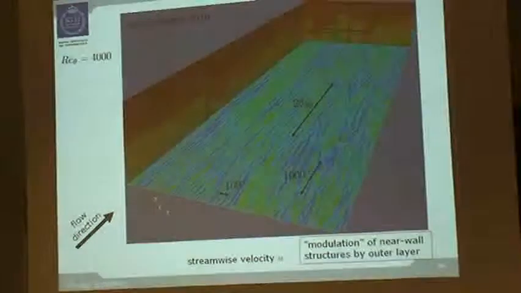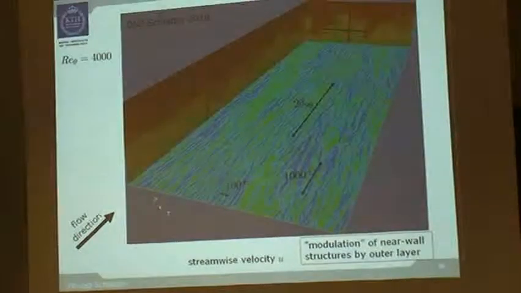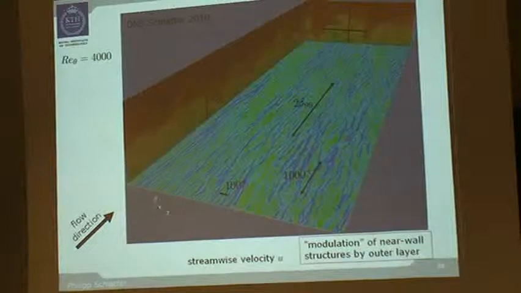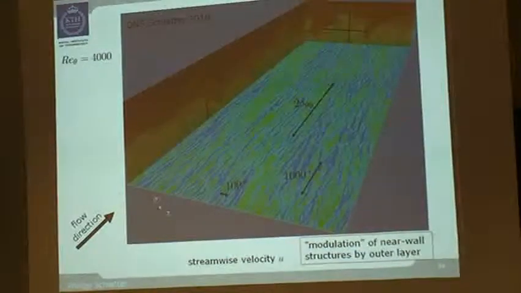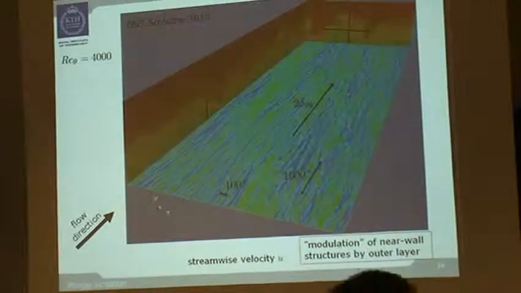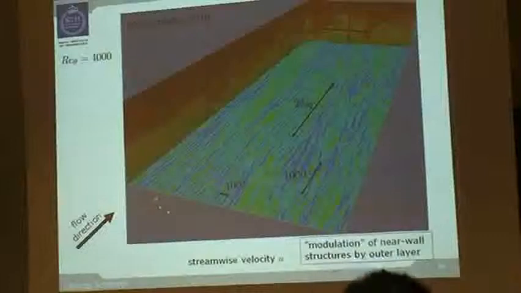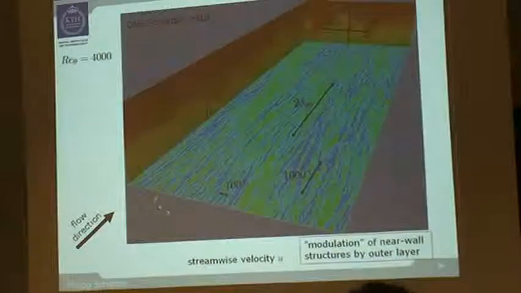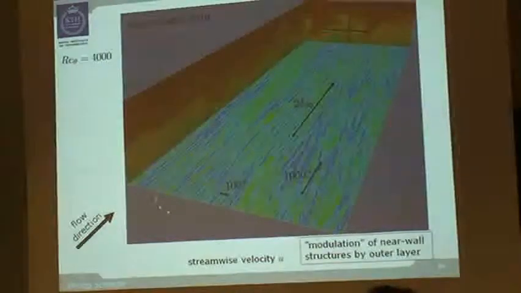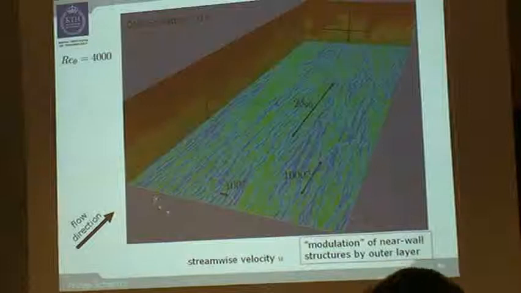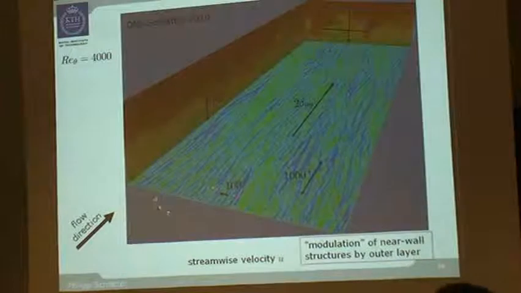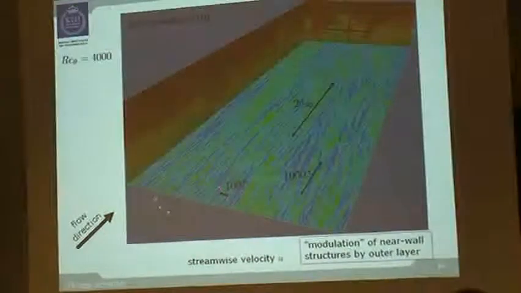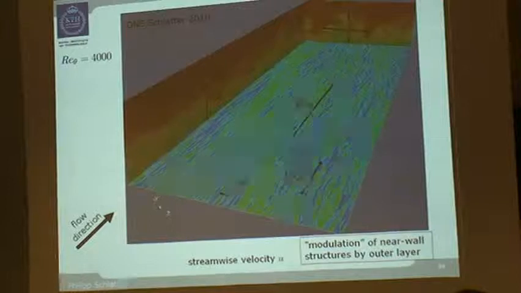Now, based on the spectra and just looking at this flow, we can also come up with qualitative sizes of these various structures. For example, we can see here the spacing between streets is this magical number 100 plus units.